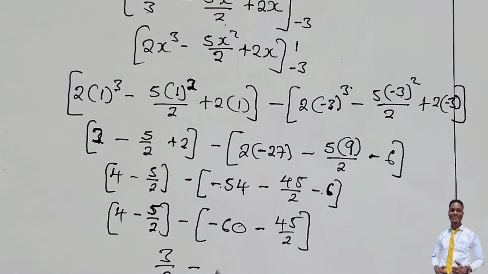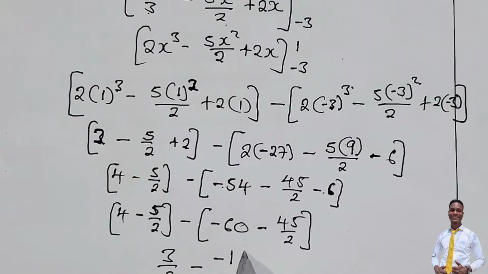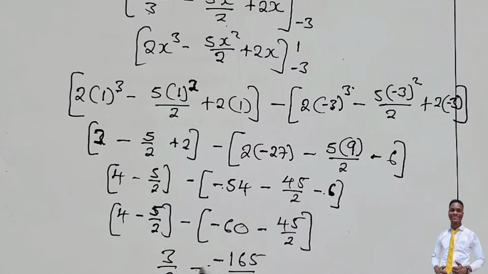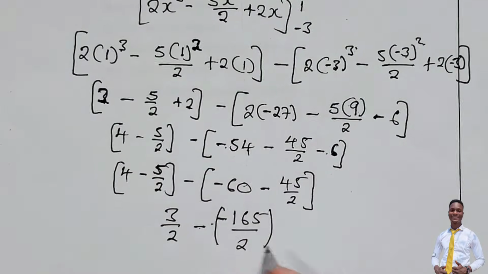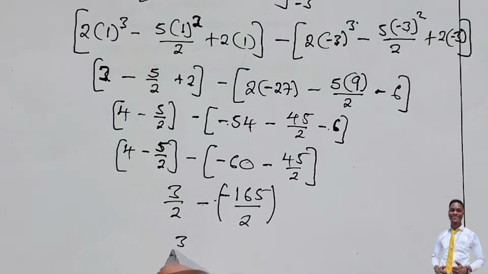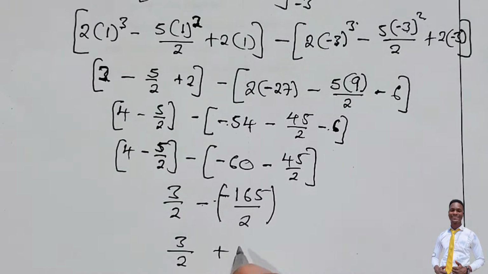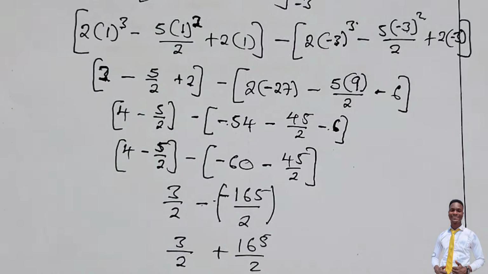So this is giving me negative 165 over 2. Check, there's a negative here, so this is going to be positive. Let me just put this one in bracket so that you see the difference. Negative is negative, positive, so you have 3 over 2 plus 165 over 2.